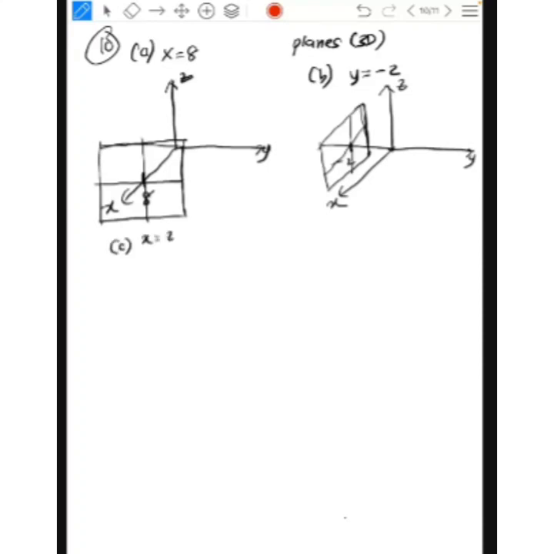X equals to z. Okay, now you have a x equals to z. So you ada satu garis macam ni kan. No y, so this line will be along y-axis. Okay, along y-axis. Sebenarnya tak perlu lukis ni, boleh lukis sampai bawah pun boleh.